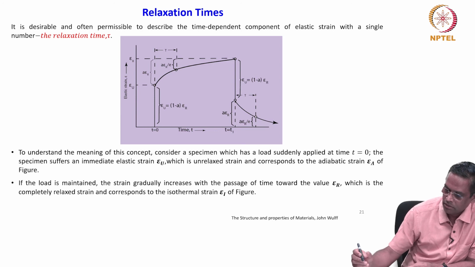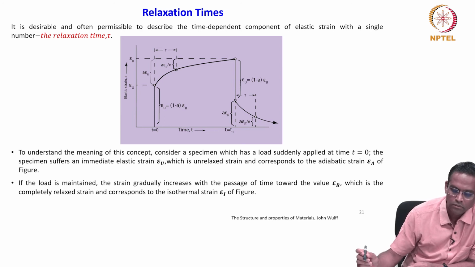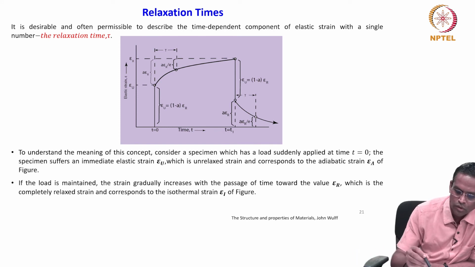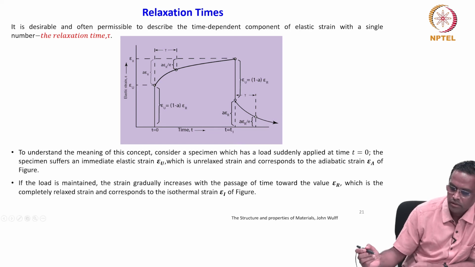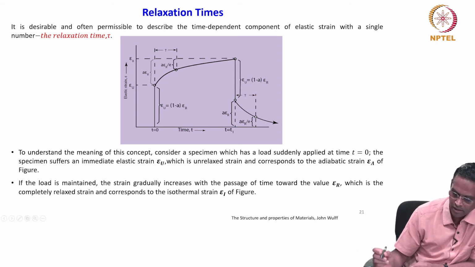Actually, I think the adiabatic strain epsilon A is also equal to epsilon U. You can use either EU or EA, it is fine.